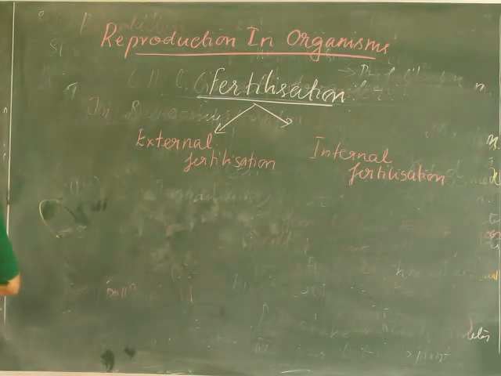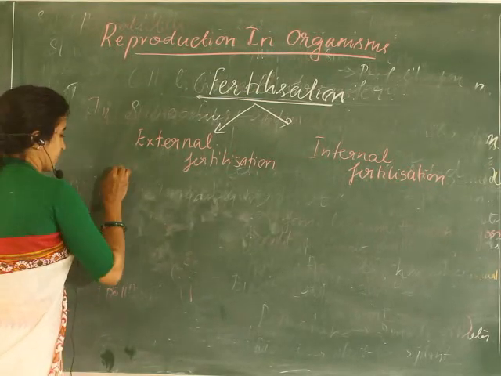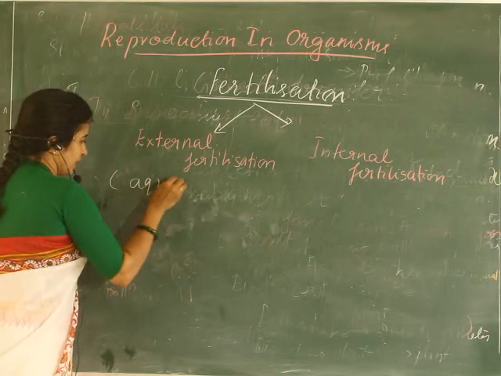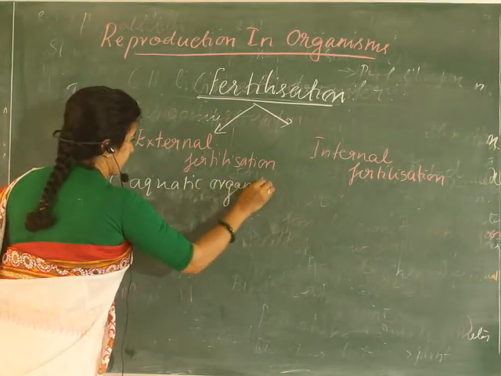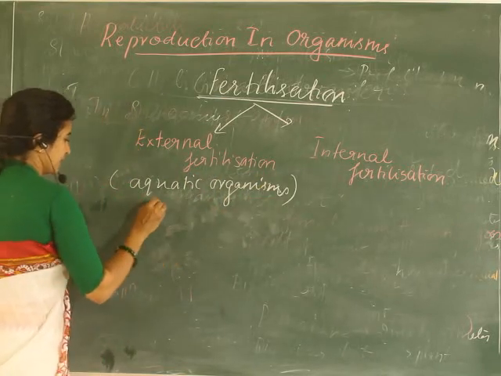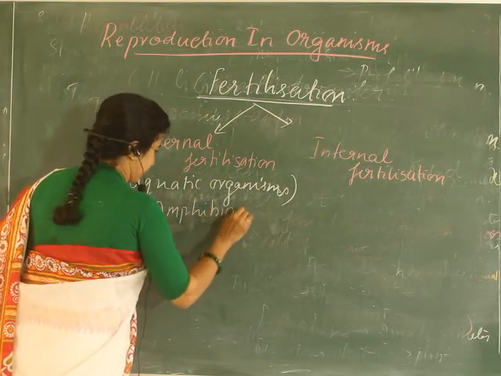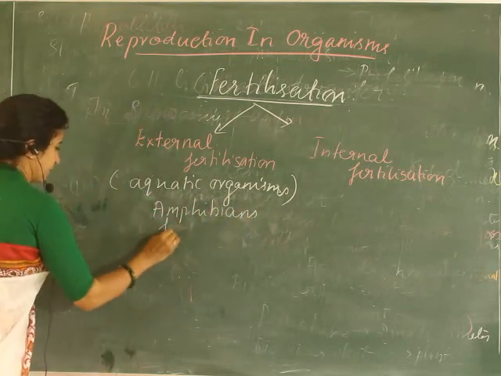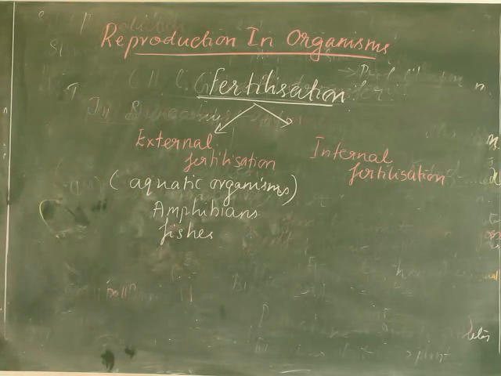Take down the examples for external fertilization. Remember, external fertilization occurs in most aquatic organisms, like amphibians, which are found in water, then fishes, and algae.